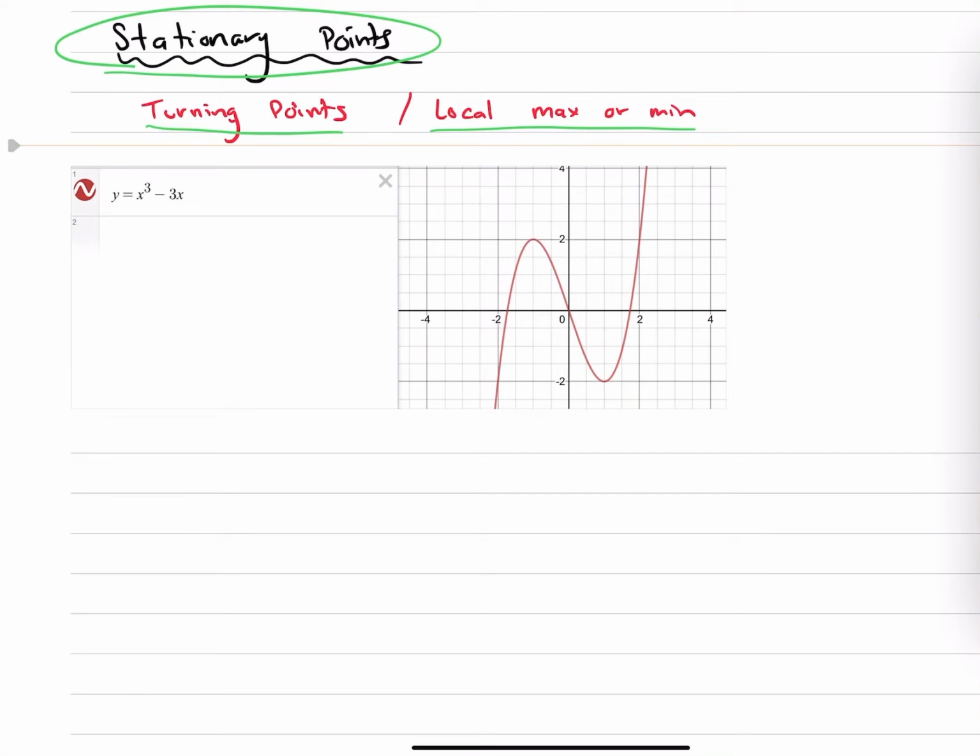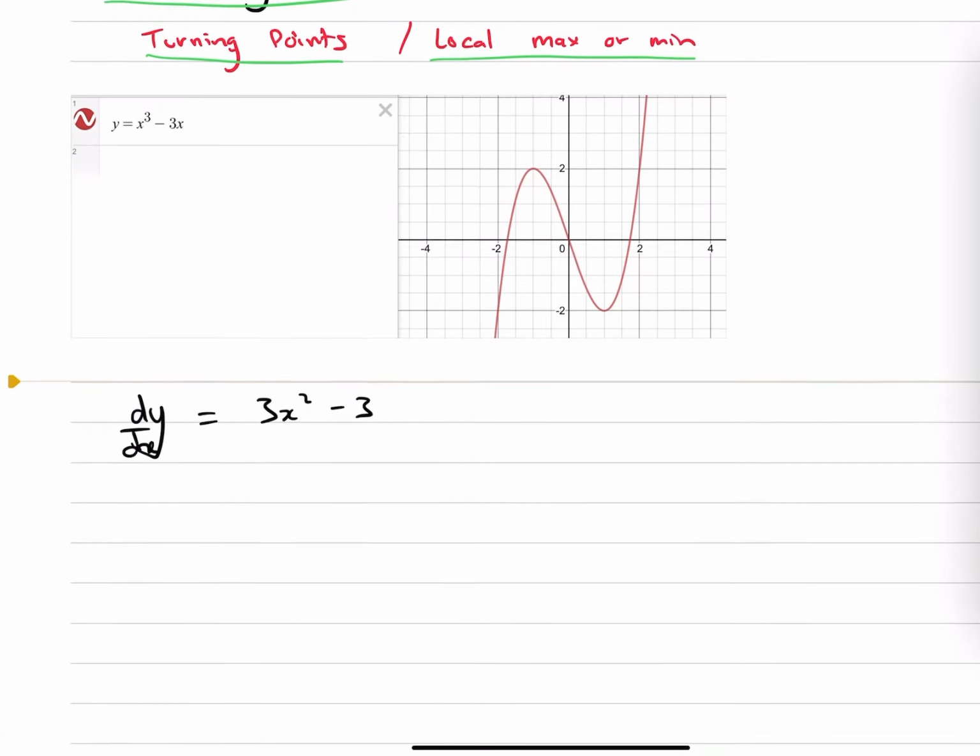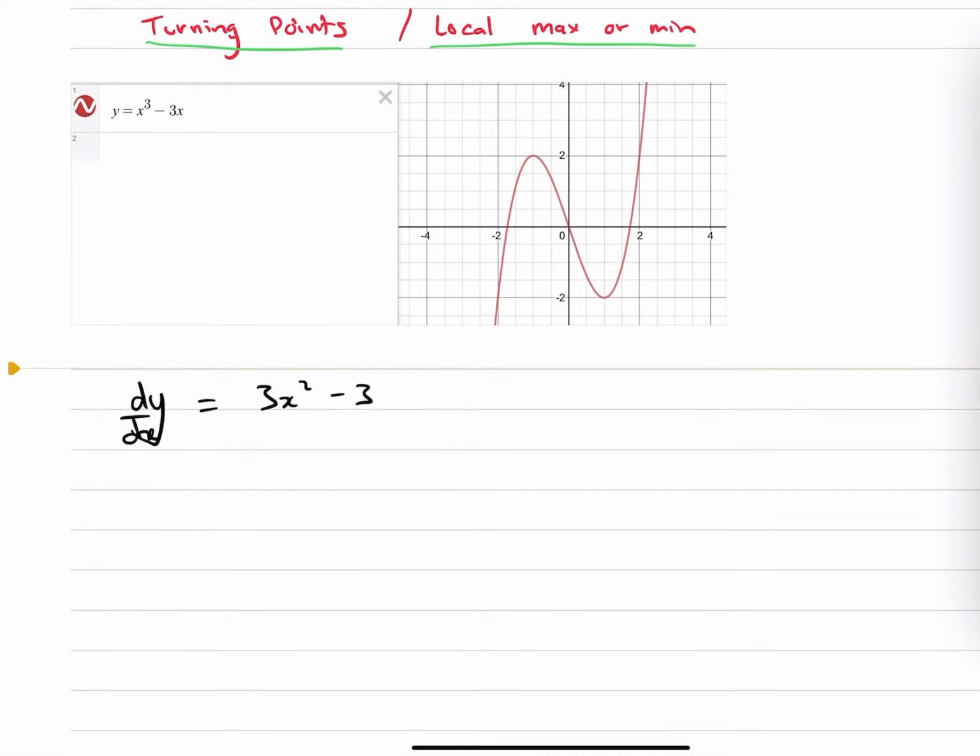Okay, so let's just talk about finding stationary points. We should know how to do this. Mainly I want to do this because I need it for the next part of what we're looking at. So if we've got this function, y equals x cubed minus 3x, we need to find the derivative to start with. And once we find the derivative, then we need to be able to factorize that to find out when this is equal to 0.